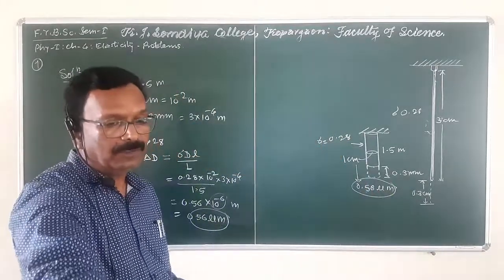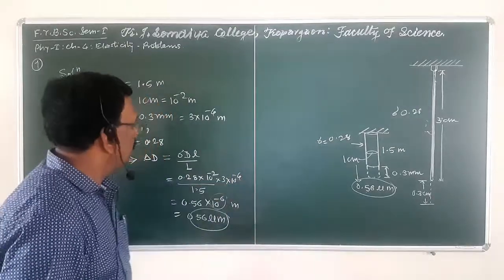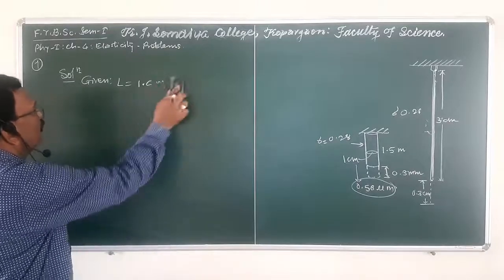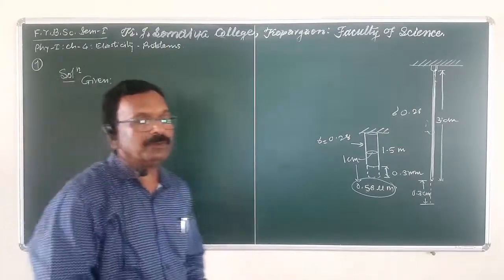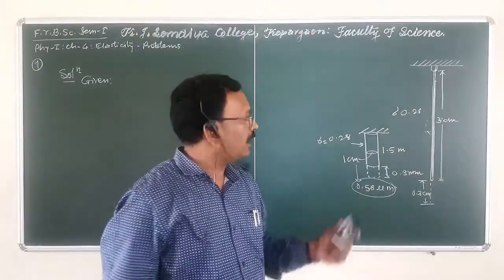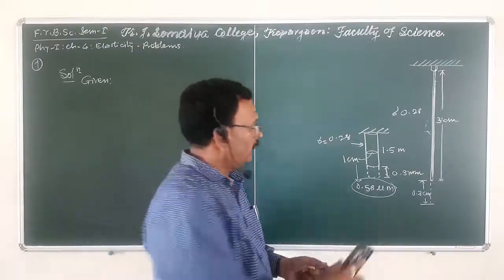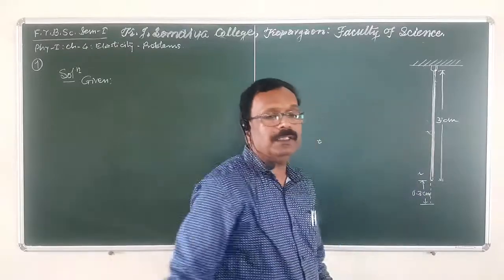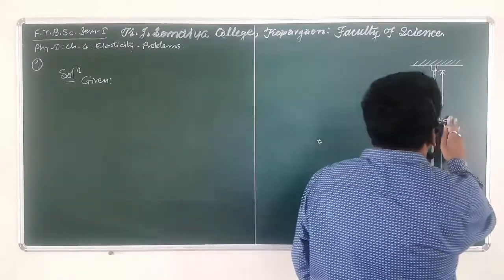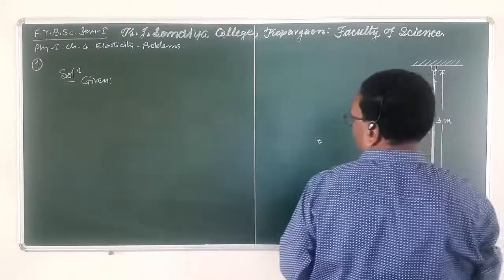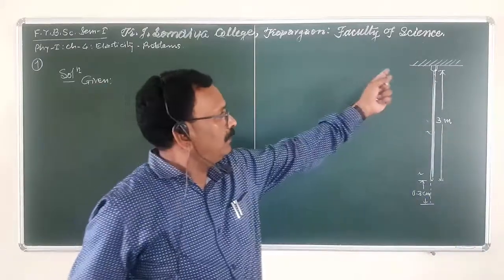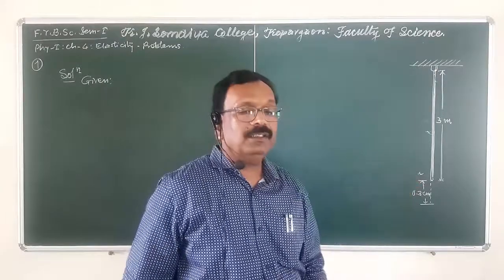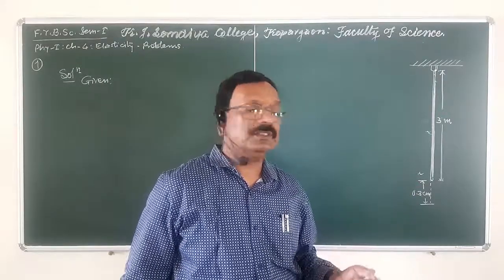Okay. Now, the next problem, which is also very important from the exam point of view. Here again consider a wire, and the length of the wire is 3 meter. Again there is a wire, one end of the wire is fixed to a rigid support or ceiling, and at the free end some force is applied.